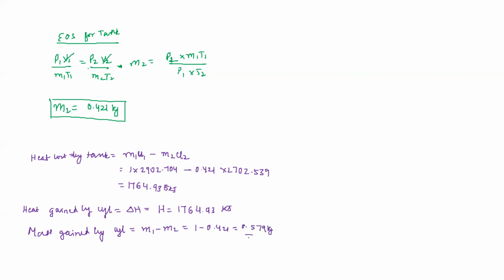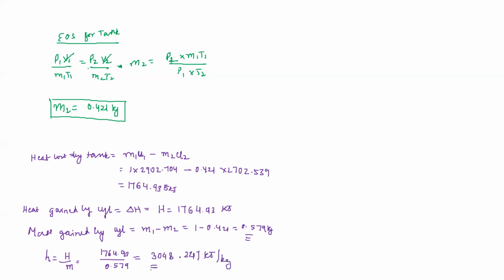So the specific enthalpy of the steam in the cylinder is H upon the mass gained. That is 1764.93 upon 0.579, which is equal to 3048.247 kilojoule per kg.